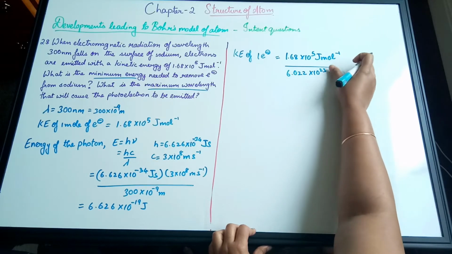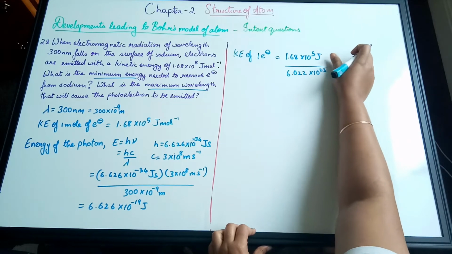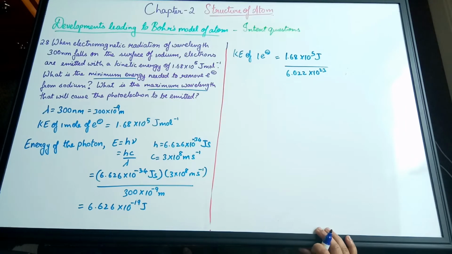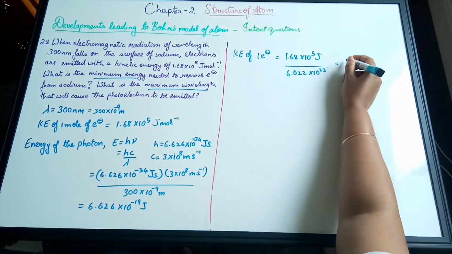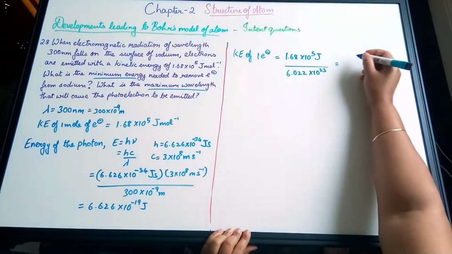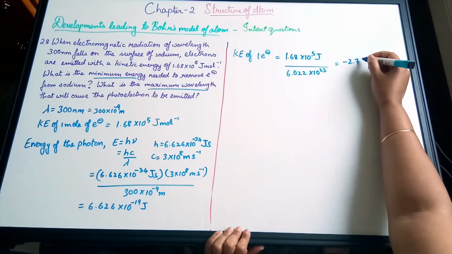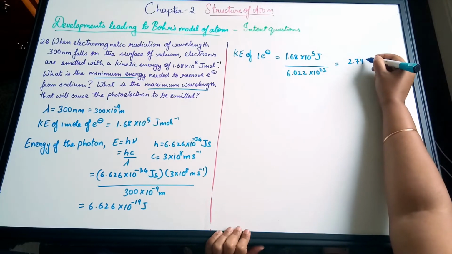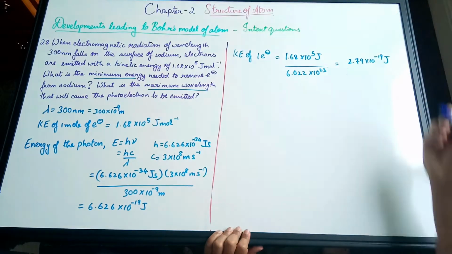So basically, I'll just cancel the mole inverse, since you are dividing it by 6.022 into 10 to the power 23. And when this is simplified, we get the kinetic energy of the emitted electron is 2.79 into 10 to the power minus 19 joules.